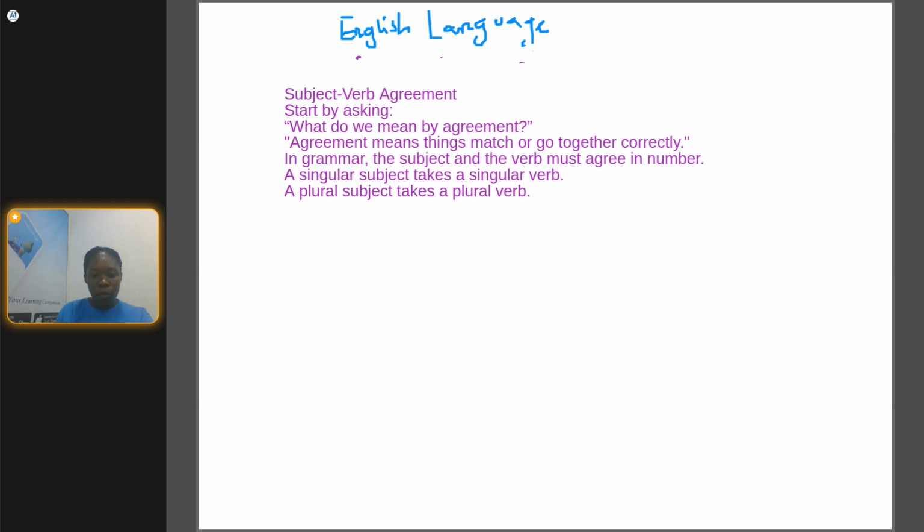The first basic rule is what I just mentioned: singular subject, singular verb, and plural subject, plural verb.